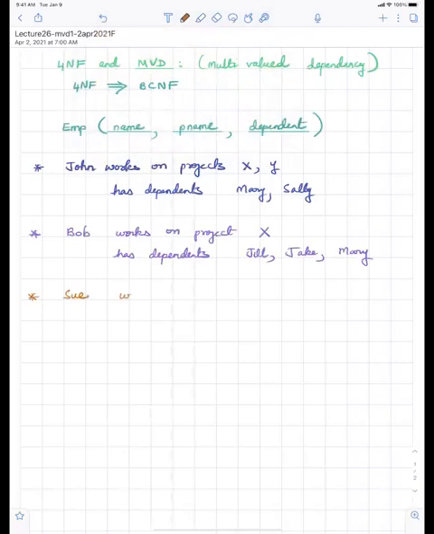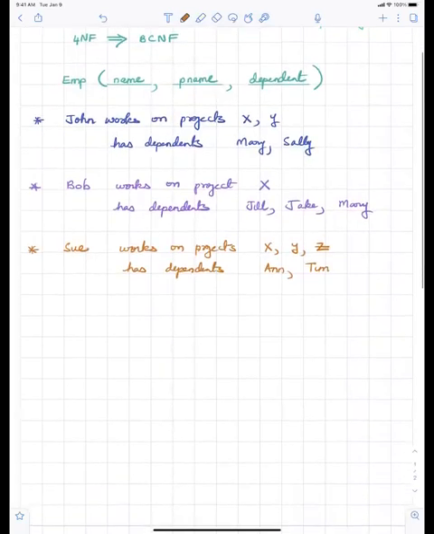And she works on projects X, Y, and Z. And she has dependents, and Tim. Okay, so this is the data that we have, and they're all in this particular table.